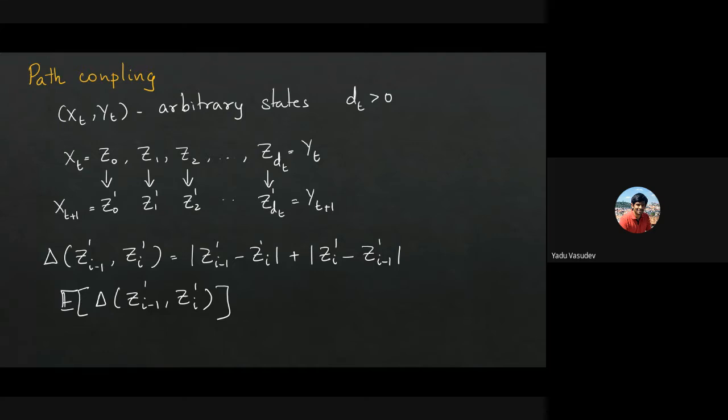What does the analysis tell you? This is not less than or equal to 0. In the analysis, what we had was this minus the symmetric difference between zi minus 1 and zi.